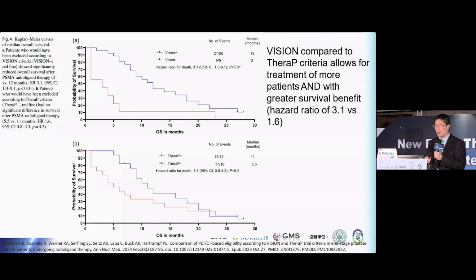But in their data set, if you use VISION, the hazard ratio is 3.1 versus if you use therapy, it was only 1.6. So you think you're actually doing better by excluding more people, but you may not be. This was a small number of patients, 30-some. So I think it's very interesting to explore this further.